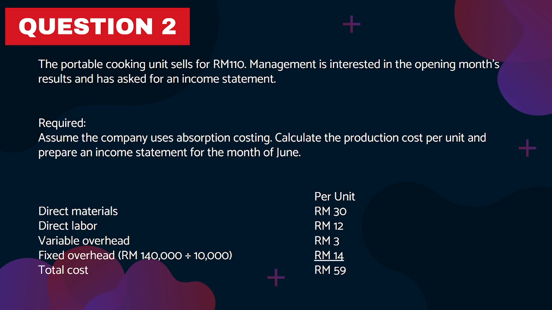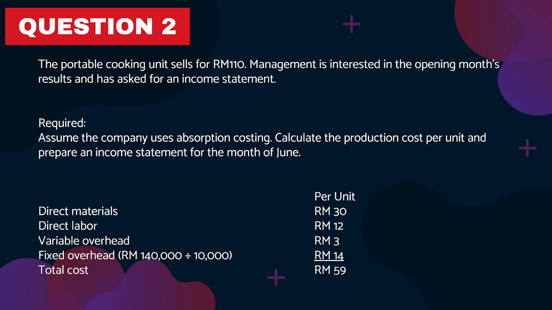Right, so question 2 asks us two requirements to answer, which is to calculate the production cost per unit and the income statement. In order to calculate production cost per unit, we need to know three things: materials, labor, and overhead. Overhead is split into two, variable overhead and fixed overhead. Direct materials is 30 ringgit per unit, labor is 12 ringgit, and variable overhead of 3, but not including the fixed overhead.